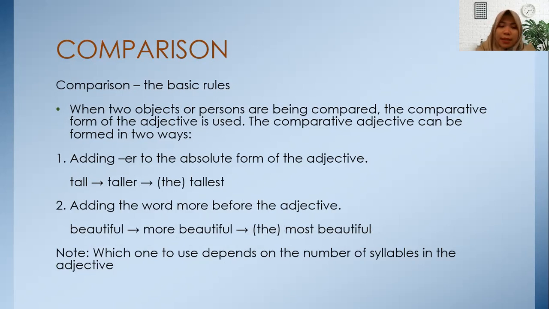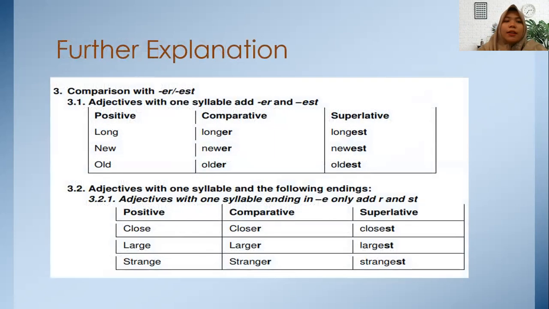Now, if you're asking when you need to use "er" or "est" and when you need to use "more" or "the most," it depends on the number of syllables in the adjective. So this is the further explanation about how you can use "er" or "est."